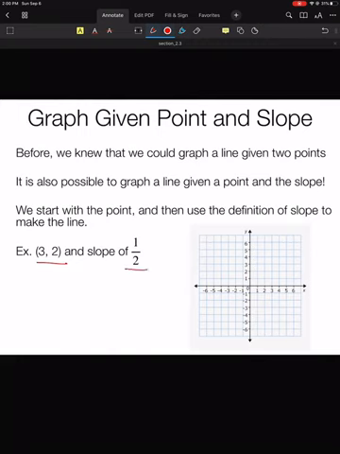For instance, we have the point (3, 2) and a slope of 1/2. We start with the point (3, 2) here. The trick is we need to use the definition of slope that we talked about last time to show where the line goes. I said that the slope was the change in y divided by the change in x.